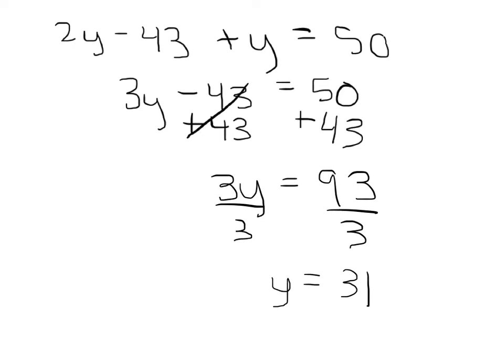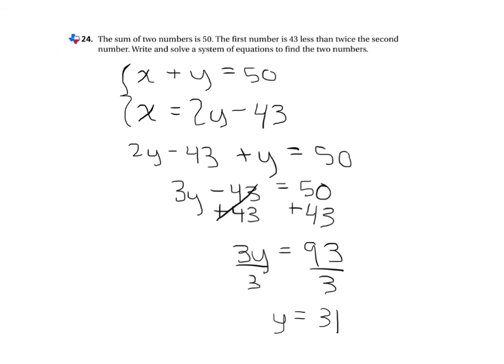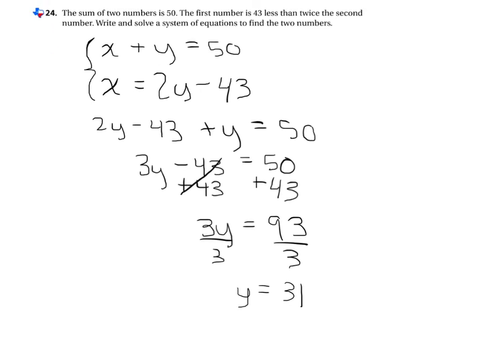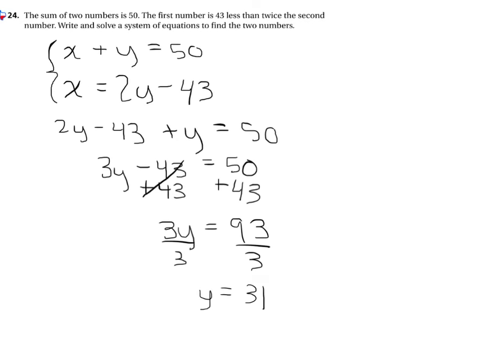And the next thing you would need to do would be to choose one of the equations and substitute 31 in for y. So you could say x plus 31 equals 50.